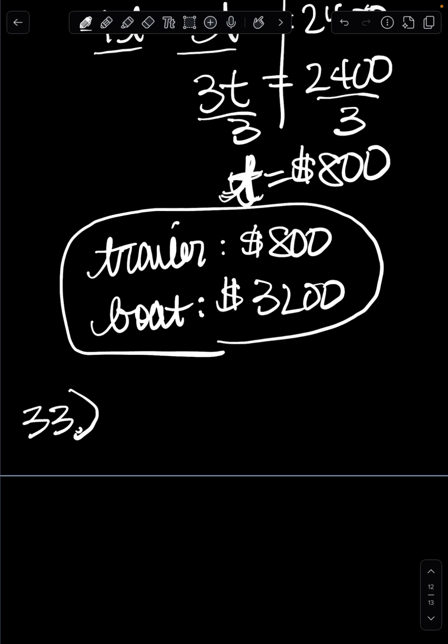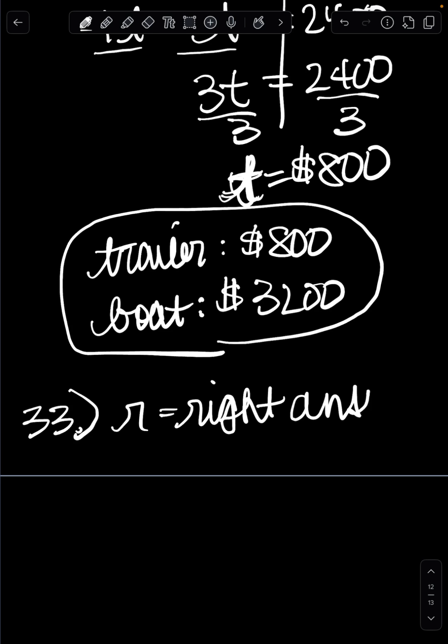So let's come up with a variable for the number of right answers. We'll call them R. R stands for the number of right answers. So we've got 2 questions unanswered and 6 missed questions.